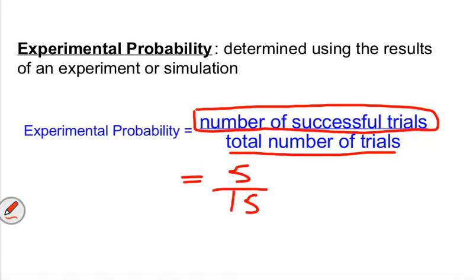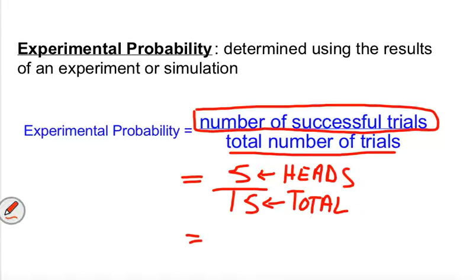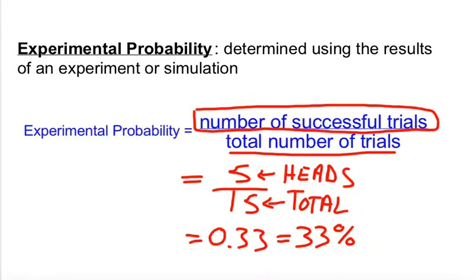I had 5 times that I flipped heads, and I had 15 total trials. I always want to put it into a decimal, but you can write it as a fraction. It just needs to be reduced. And if I want to change a decimal to a percent, I can do that by multiplying it by 100. You should be fairly comfortable going between those.